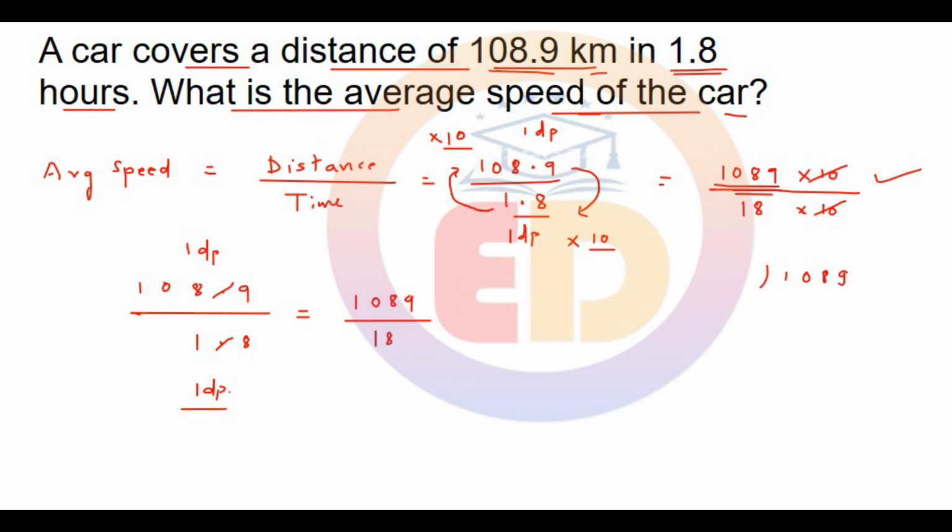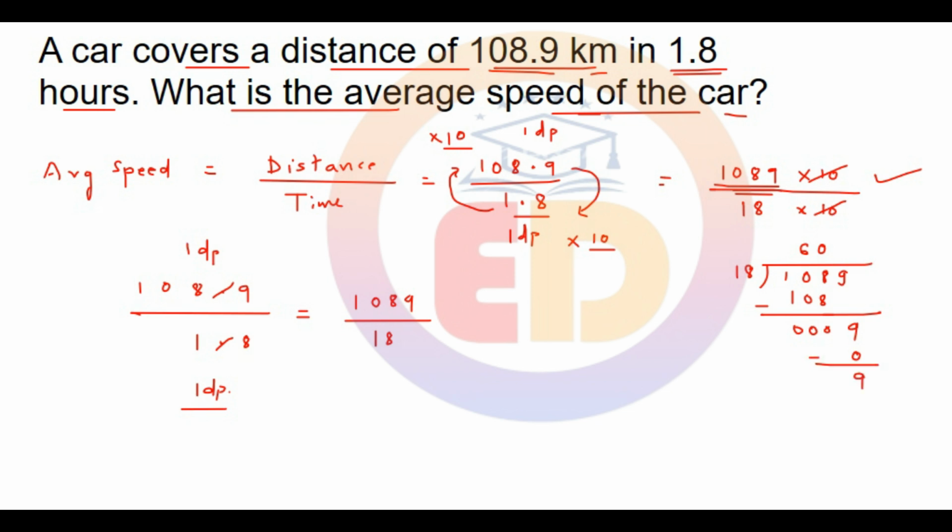1089 divided by 18. Now I know 18 6s are 108. Take the 9 down. 18 will not go in 9. 18 zeros are 0.